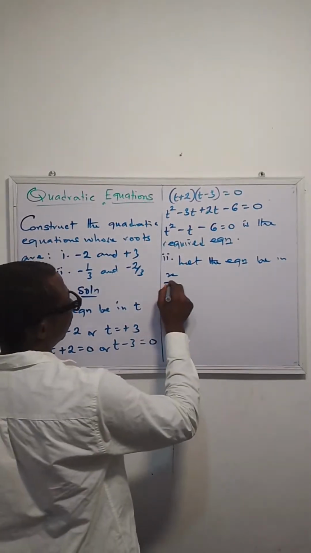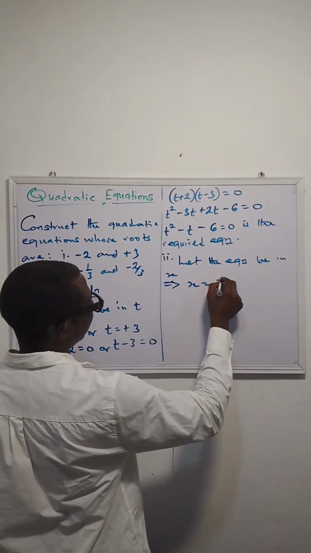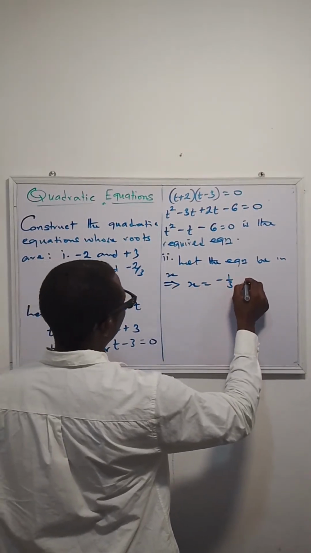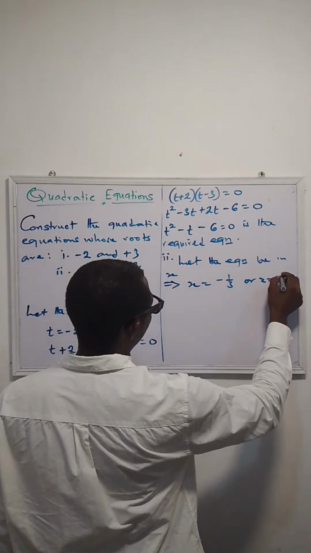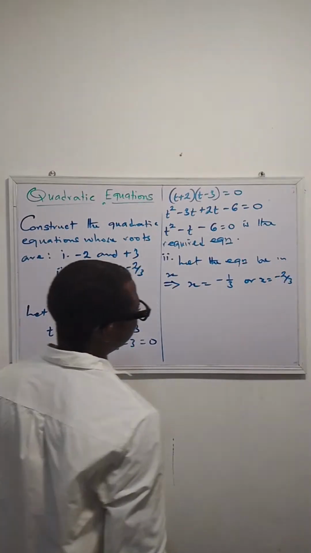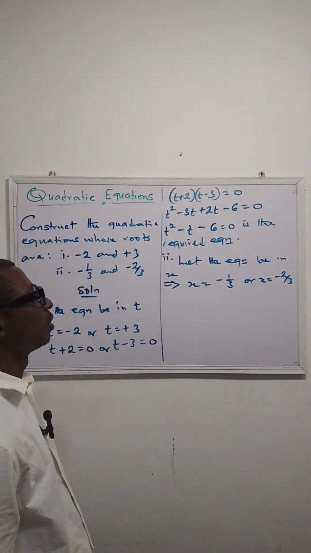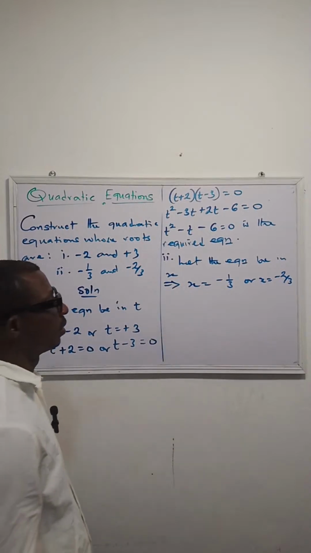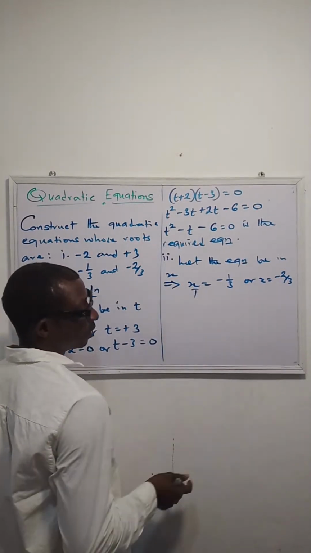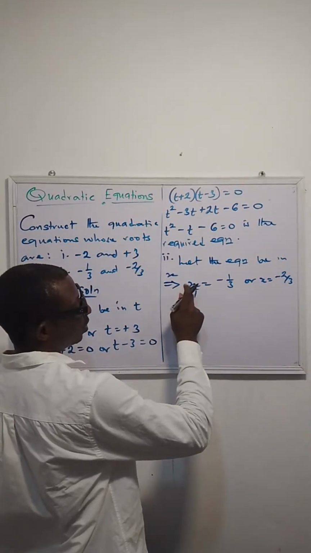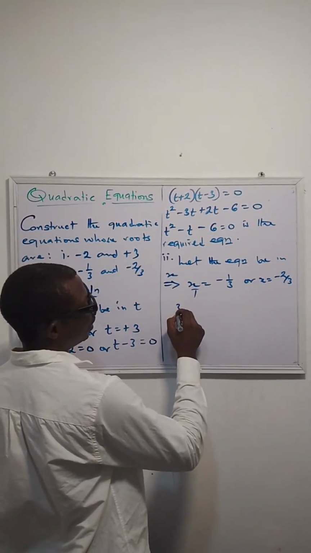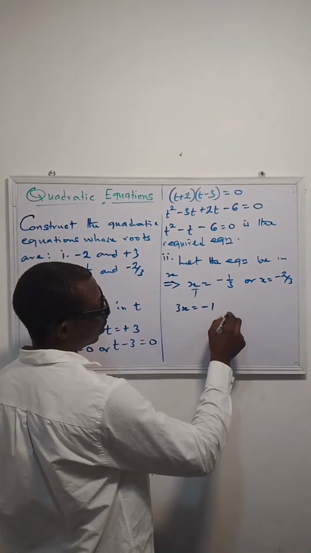So now it follows that x = -1/3 or x = -2/3. Here we can cross multiply. You know this x is x over 1. So 3 multiplies x, we have 3x = -1.